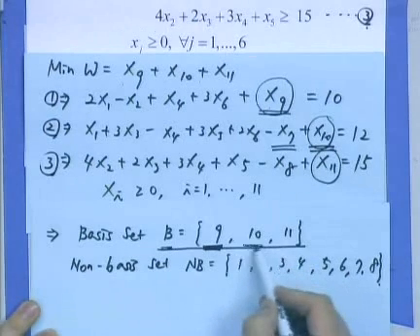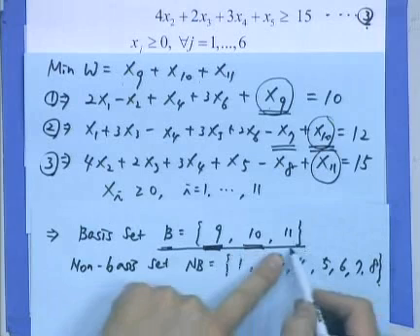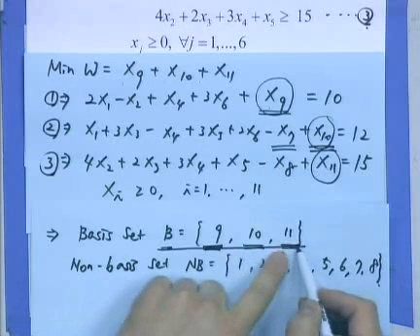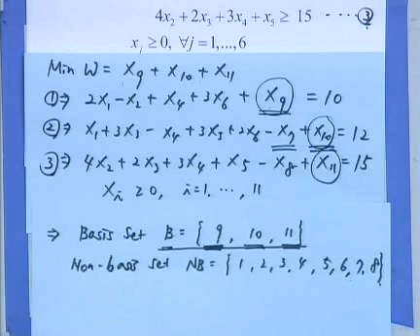Likewise, x10 is the second basic variable, right? And x11 is the basic variable in the last constraint. So we begin the first iteration of phase 1 by computing the basis inverse matrix.